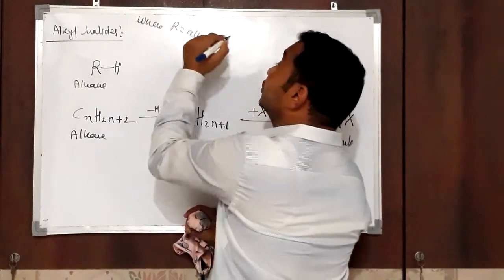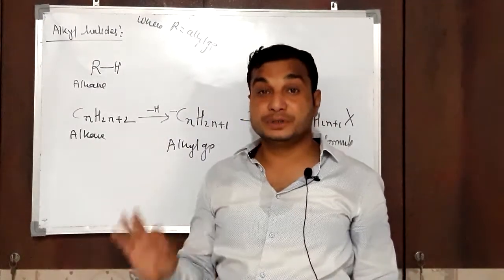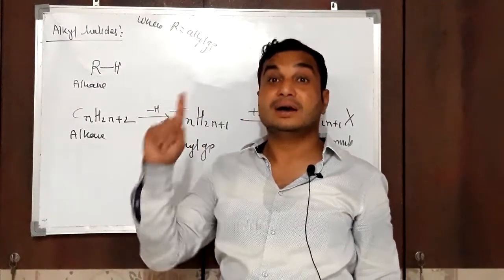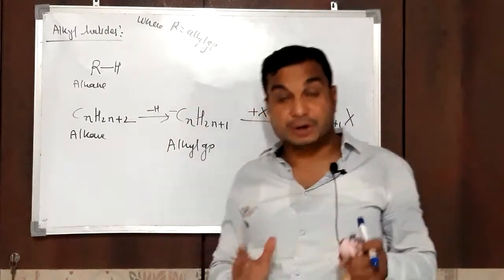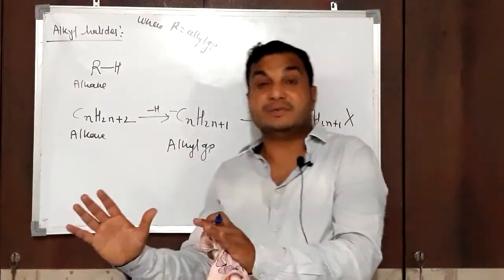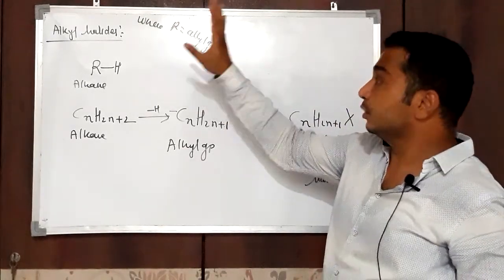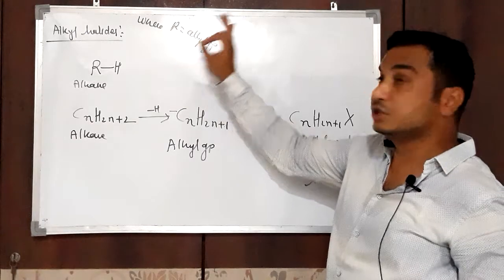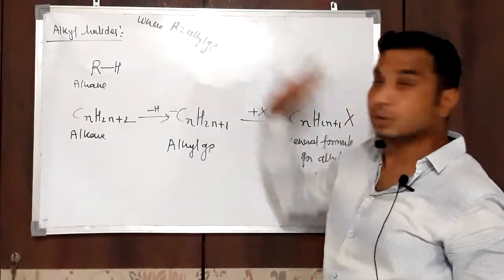How is an alkyl group obtained? An alkyl group is obtained by removing one hydrogen atom from an alkane. Whatever part is obtained after removing one hydrogen is called the alkyl group. This is the basic concept in organic chemistry. You all know it, right?